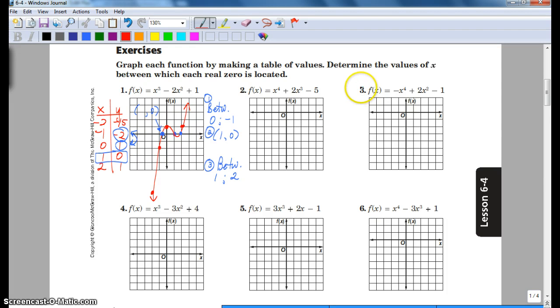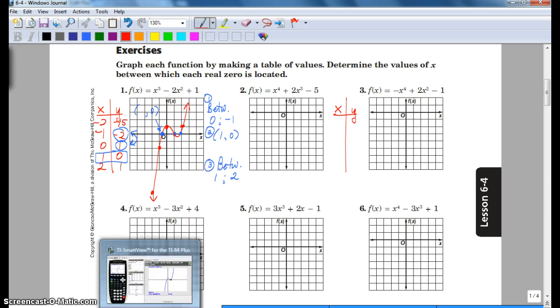Okay. Let's go ahead and take a look at number 3. So number 3, we're going to go ahead and create another XY table, and we're going to go ahead and type it into the graphing calculator and see what values are going to work best here.